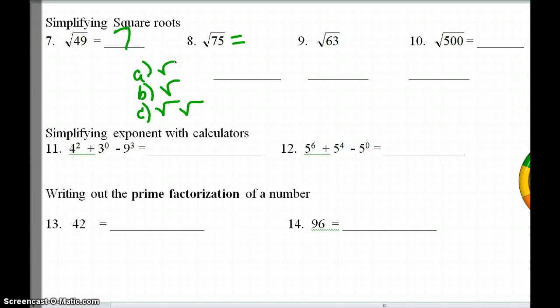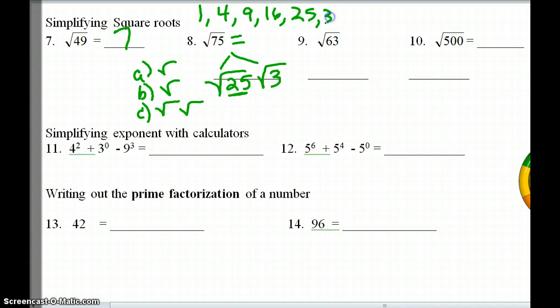So in the previous example, I gave you 75. You want to think of numbers that multiply to be 75 and use what we call a perfect square. It might be helpful in your notes to write out the perfect squares. What are they? 1 squared, 2 squared, 3 squared, 4 squared, 5 squared.